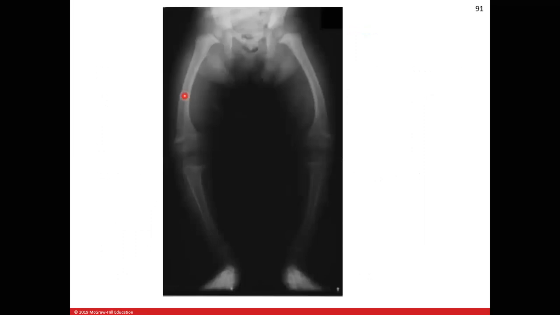And so this is just an image of what we see with rickets. Again, you can take a look and you're able to see the bow-legged appearance of this particular child. Again, it's basically a situation where the bones never had a chance to really calcify at the right times as the child was developing.